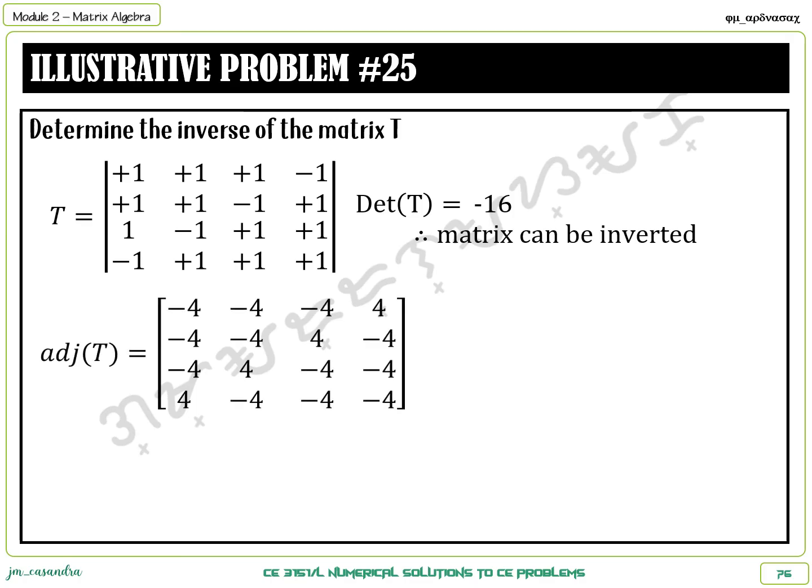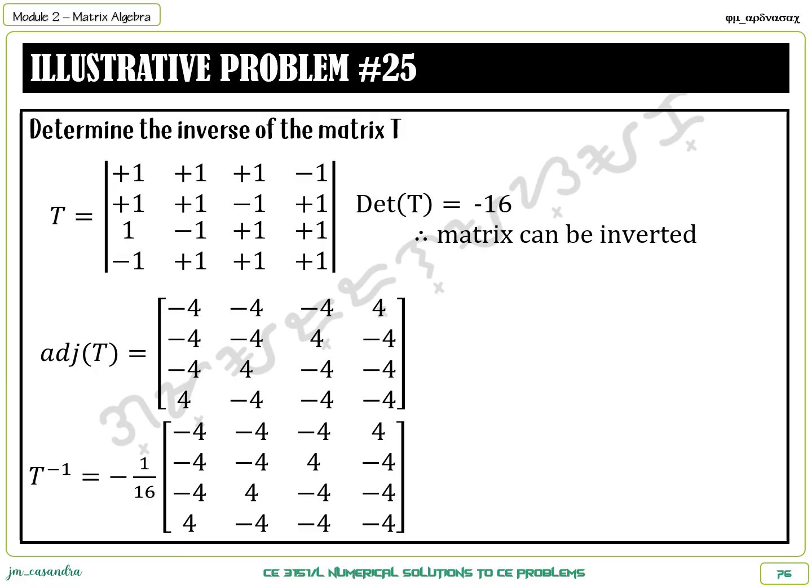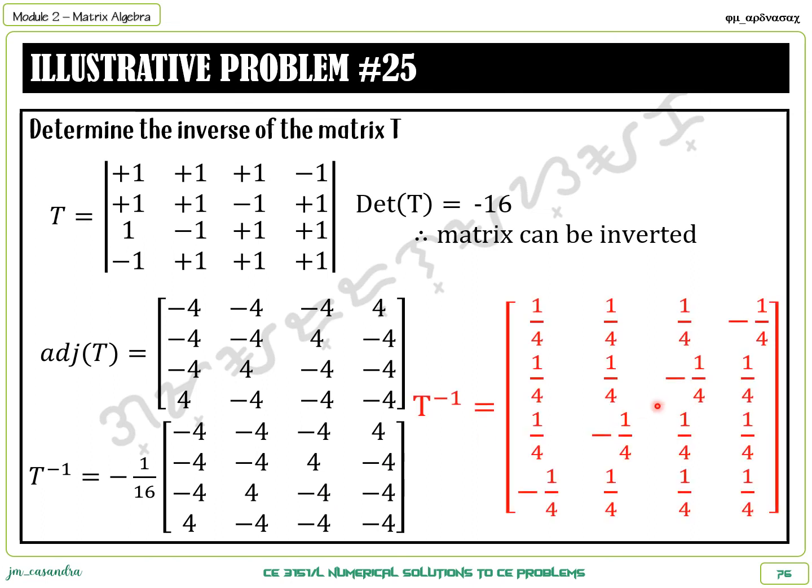So from there, the adjoint matrix of T is given by this matrix. So for our inverse, we just simply multiply the adjoint to 1 over negative 16. Thus, simplifying now, this equation will now arrive at the final matrix of the inverse, which is having a magnitude of 1/4 for every element.